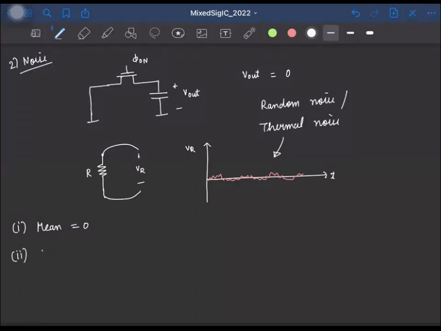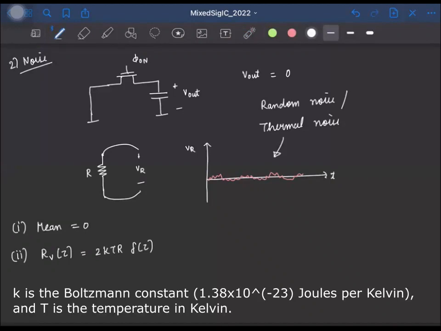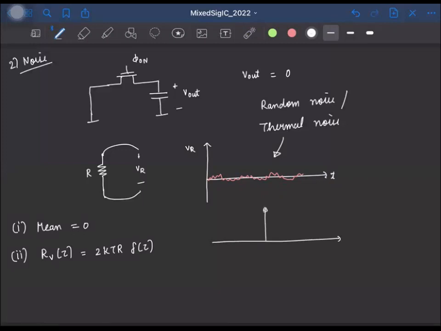Second, the autocorrelation function, I'll just call Rp of tau, turns out to be a delta function, an impulse function, and the area of that impulse is 2 kTr. So if I plot the autocorrelation function, there will be an impulse at tau equal to 0, and the area of the impulse is 2 kTr.